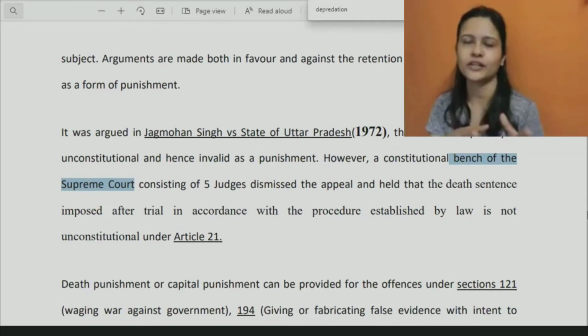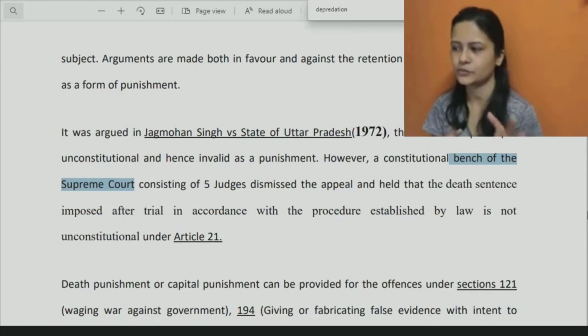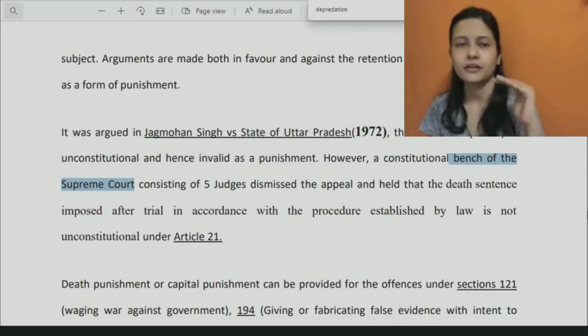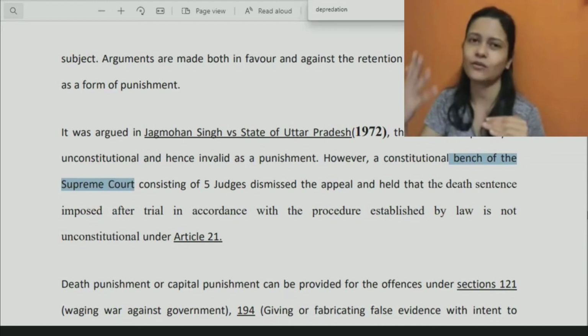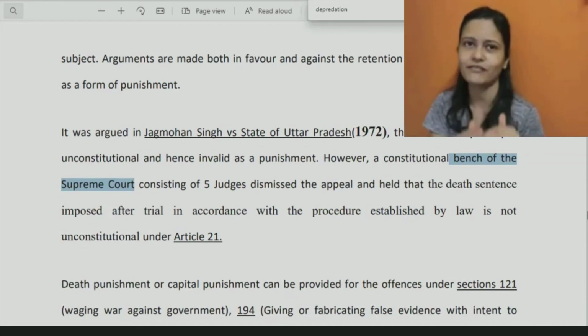How many judges are sitting to decide a case? It may be a single judge bench, it may be a divisional bench, or it may be a constitutional bench. Constitutional means there are 5 or more judges. 5 is the minimum. It may go up to any number.